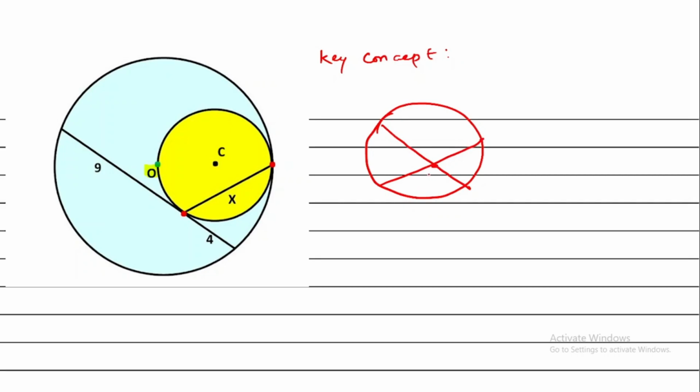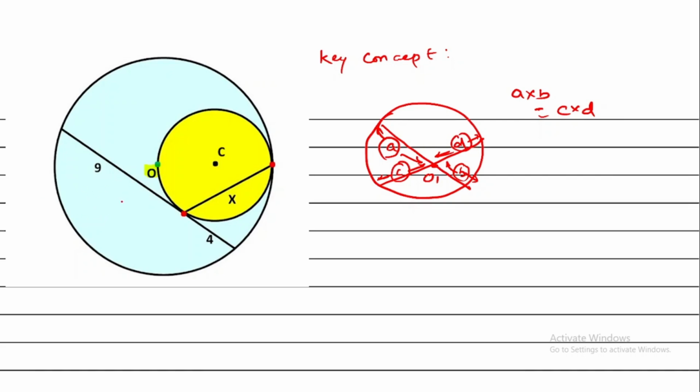Suppose this point is O1 and this length is A, this length is B, this length is C, and this length is D. If they're intersecting at a point, then A into B, the intersected length of one of the chords, is equal to C into D, the intersected length of the other chord. We will use this concept only to solve this question.